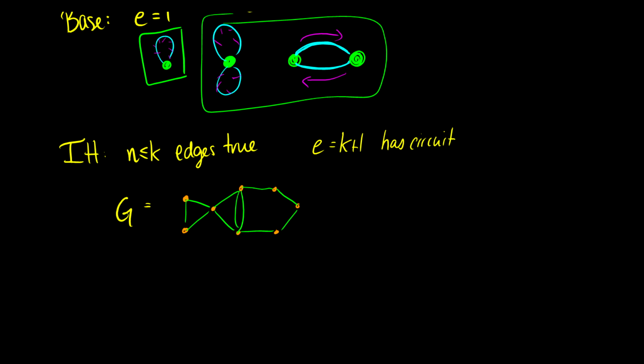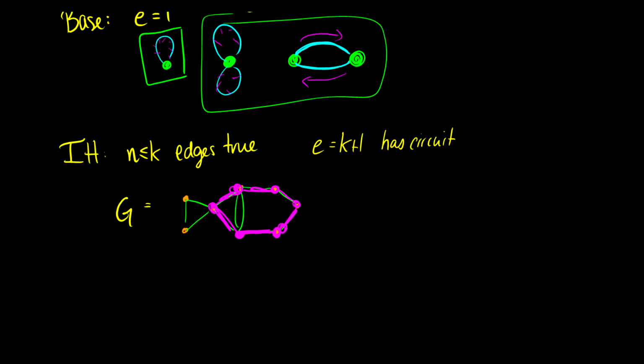Okay, so what we're going to do is construct a circuit. Well, we're not going to construct an Euler circuit, we're just going to construct a circuit. So we're going to start here, and we're just going to go around.